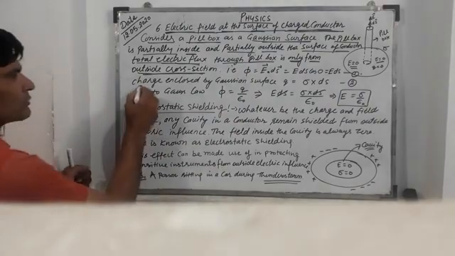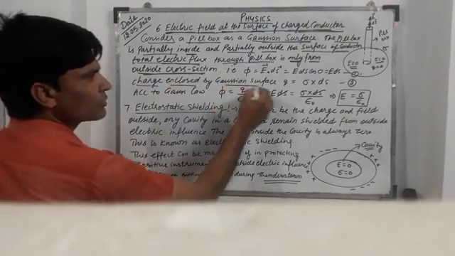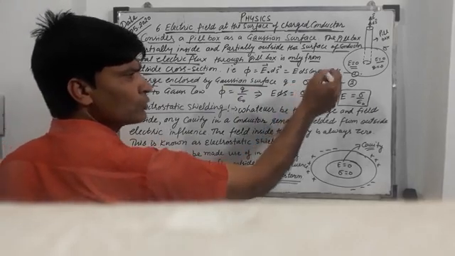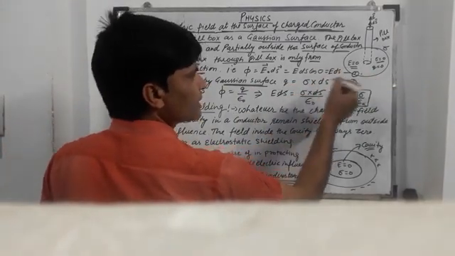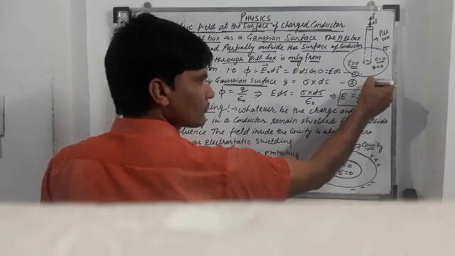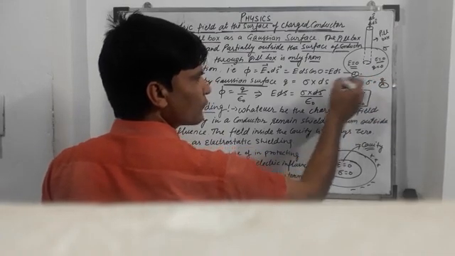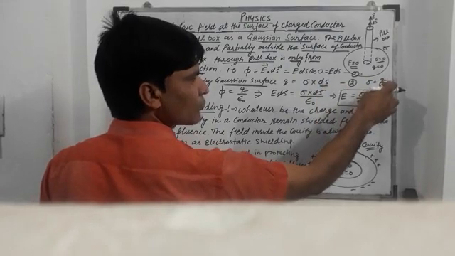Now, the charge enclosed by the Gaussian surface, Q, is equal to sigma into ds. This is possible since sigma is equal to Q upon A, but in place of A, we have ds.